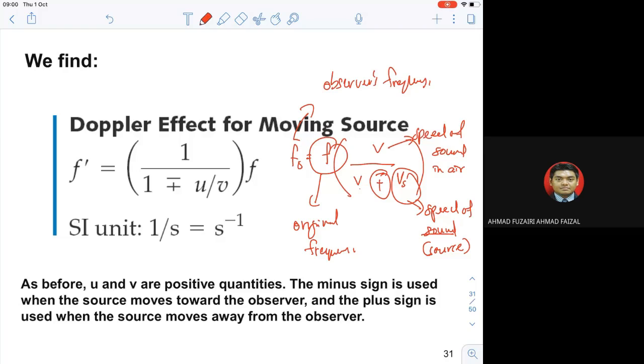When the sound is getting near to the observer, the observer will hear louder, or the observer's frequency should be increased, greater than the original frequency. But when the sound is moving away from the observer, the observer's frequency will be decreased compared to the original frequency. So we can look here.